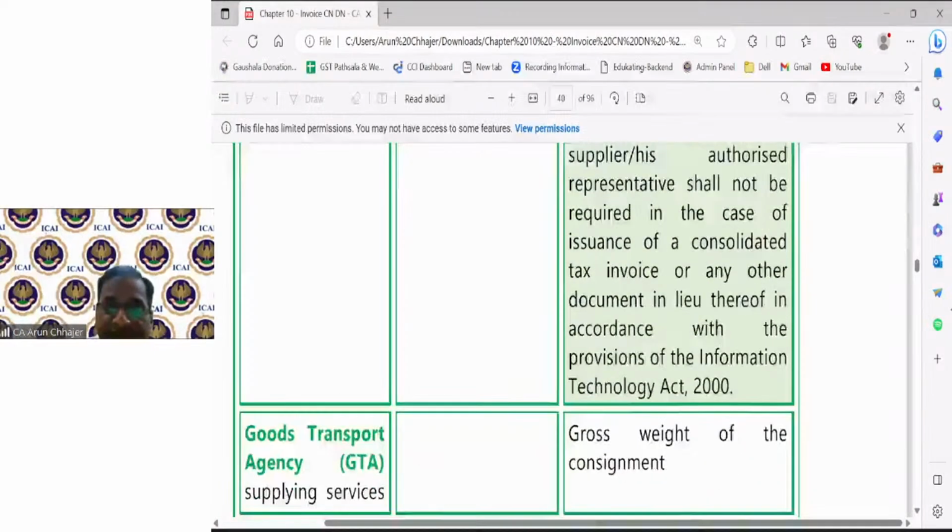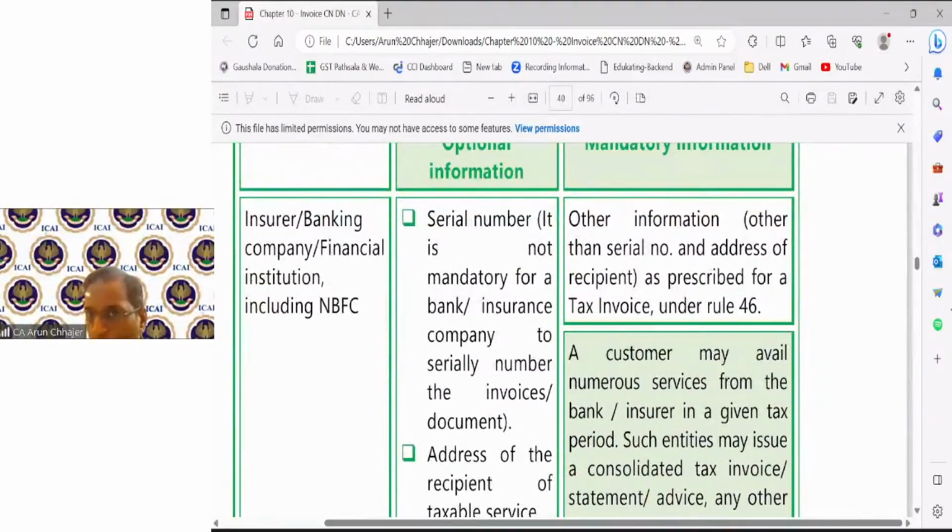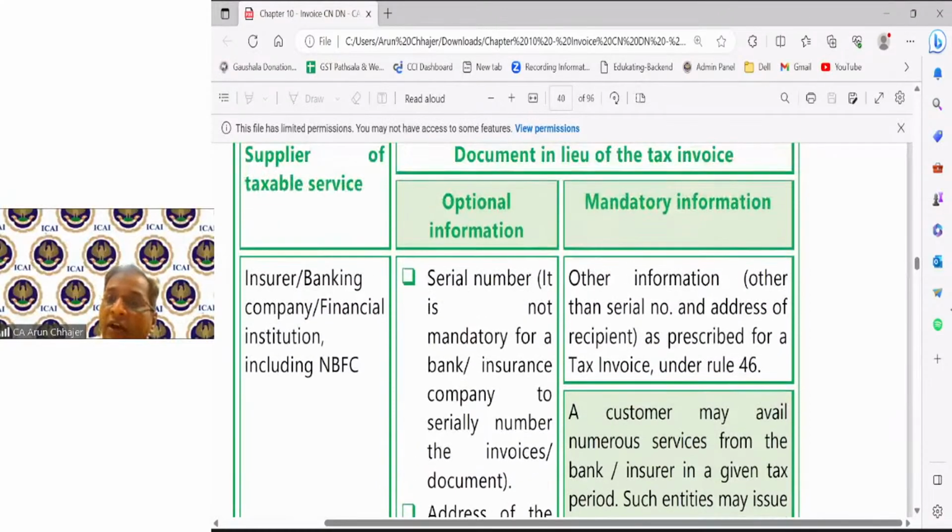Address of the recipient of the taxable supply of service. So two pieces of information are optional, one serial number and the other address. Which is mandatory? All other information which is given in Rule 46.